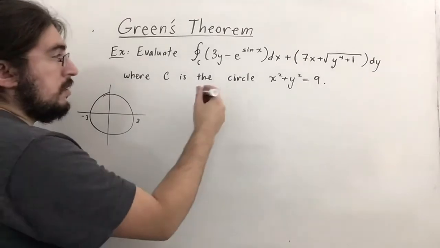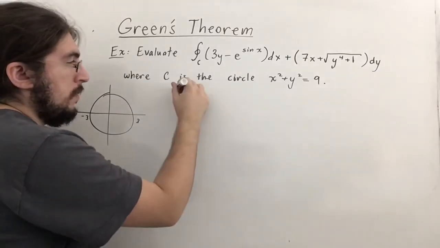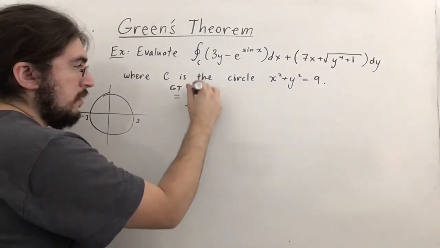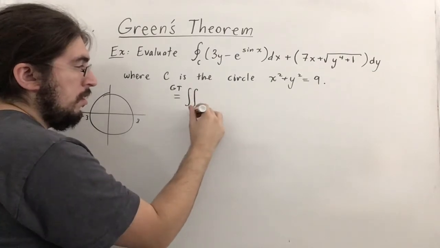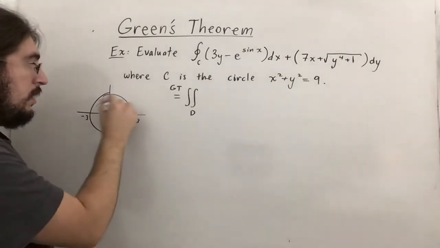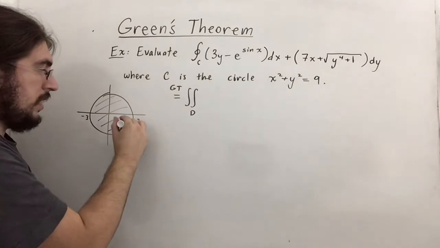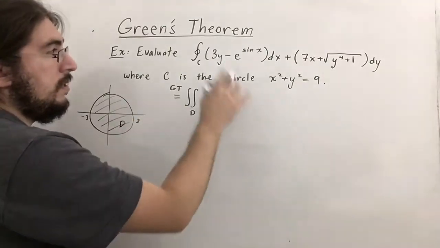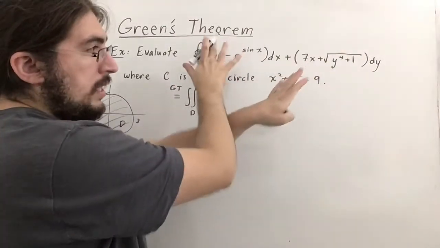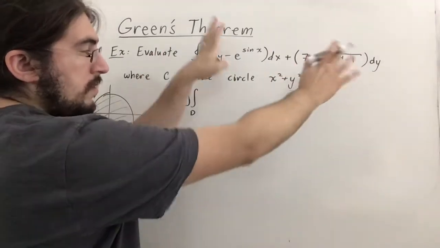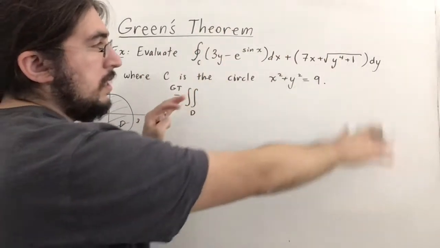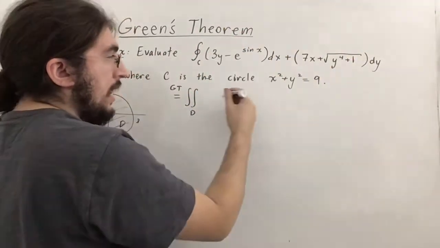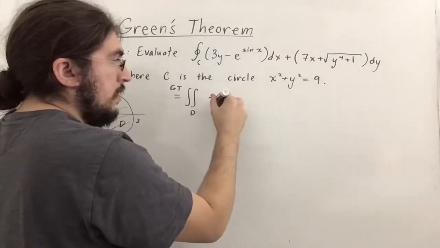And what we're going to do is apply Green's theorem. So I'm going to write GT on top for Green's theorem. So now this will turn into the double integral over the region D, which is just this circle itself, of, so remember we swap these and then take derivative with those opposite locations. So derivative of this with respect to x is just going to be 7.